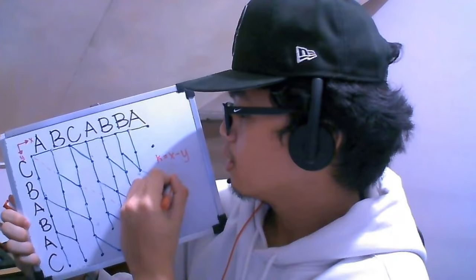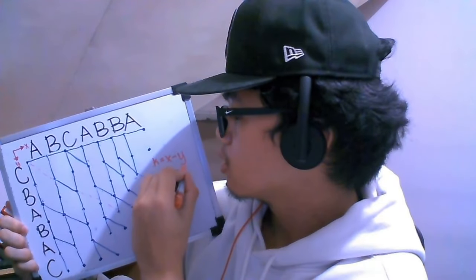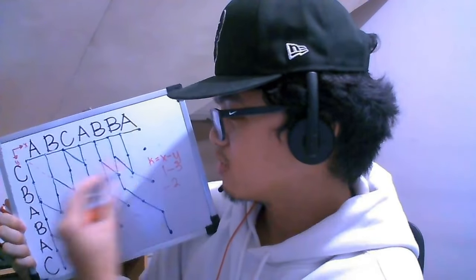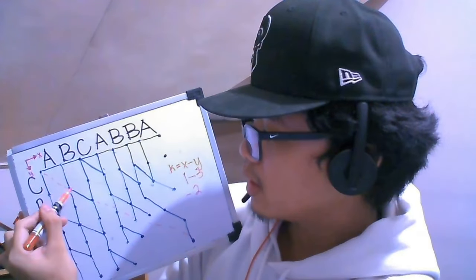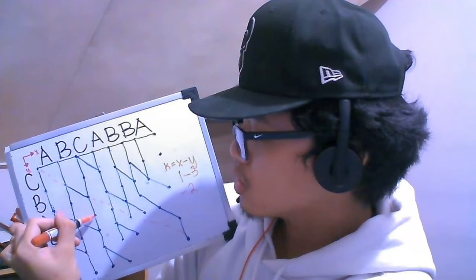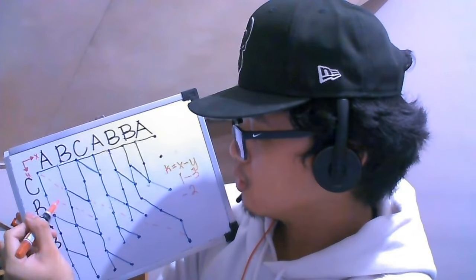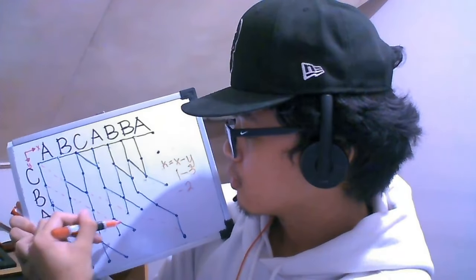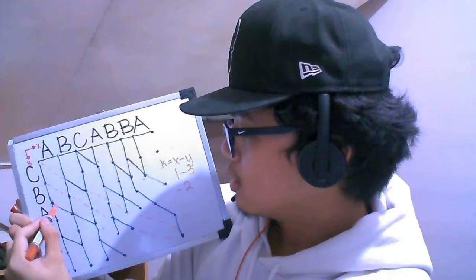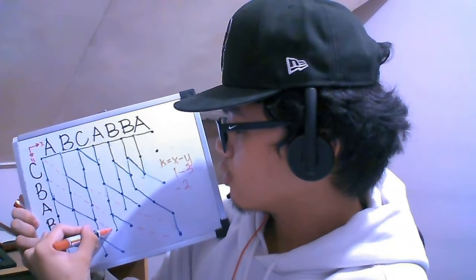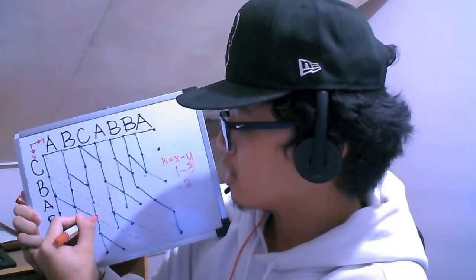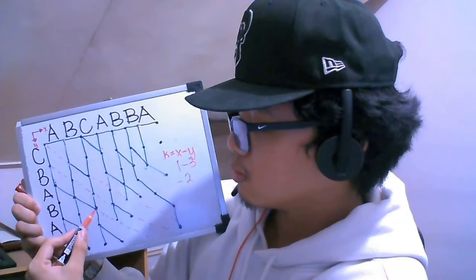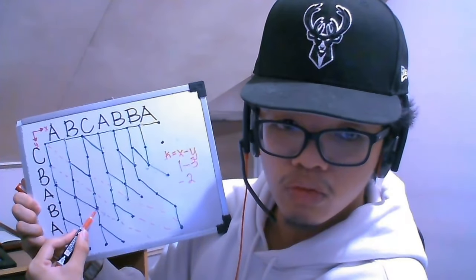Well, 1 minus 3 is -2. And if we count, this is the 0 diagonal. This is the 1 diagonal, -1 diagonal, right here. And this is the -2 diagonal right here. Yeah? So this is part of the -2 diagonal. This one. This is part of the -2 diagonal.